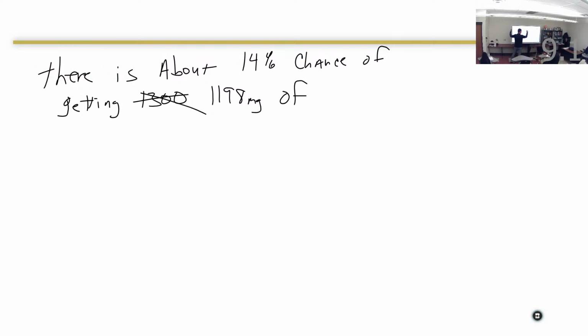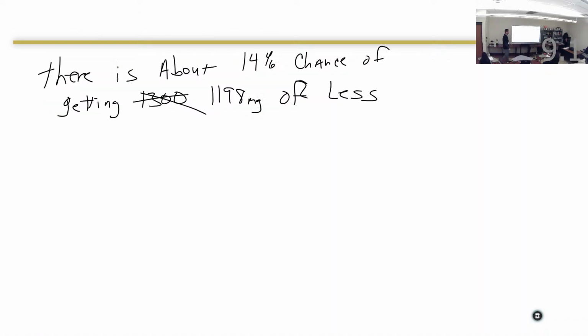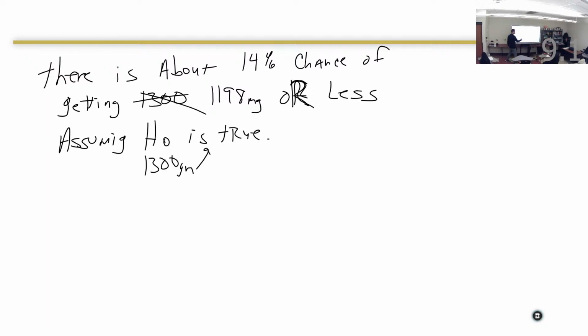And the reason it's "or less" is because my Ha was less. So I'm going to say "or less," because that's what I wrote. Or less, assuming Ho is true. Assuming 1,300 milligrams is true. I don't know how much context I need to put on that.